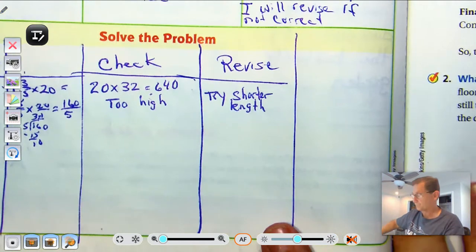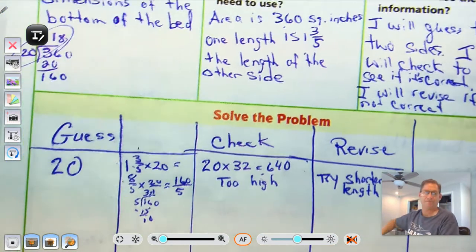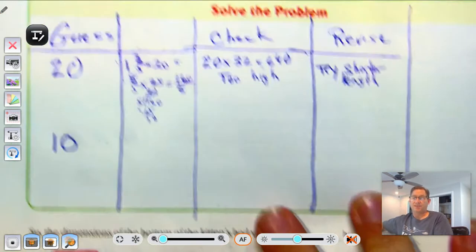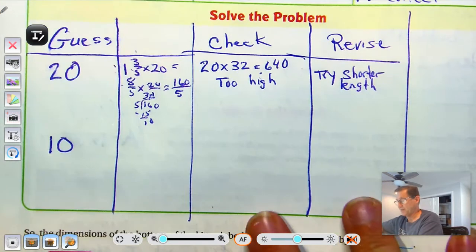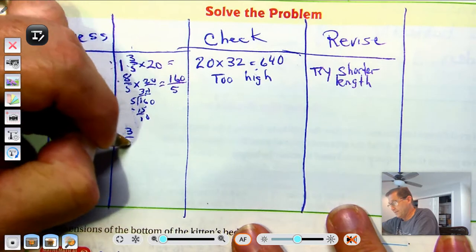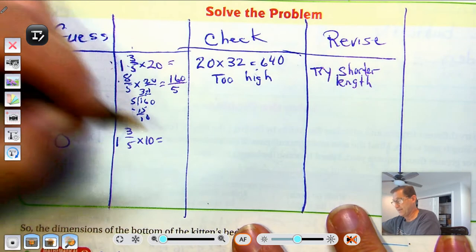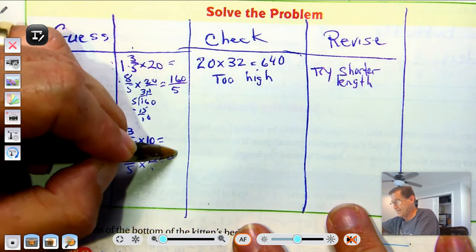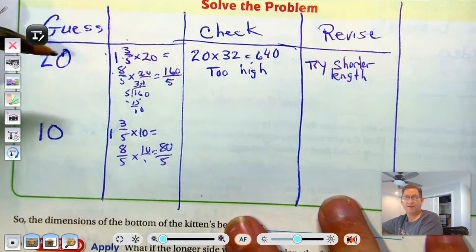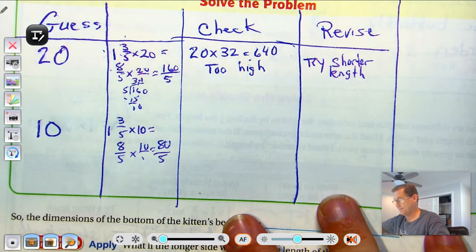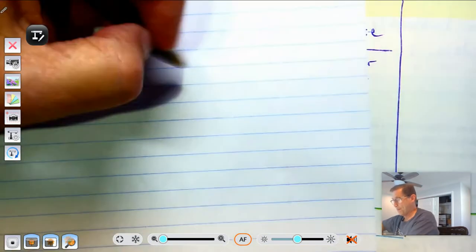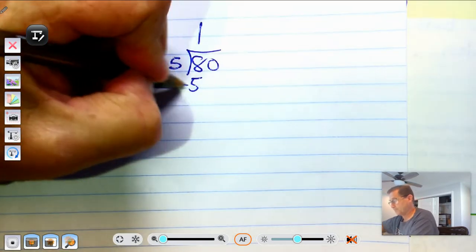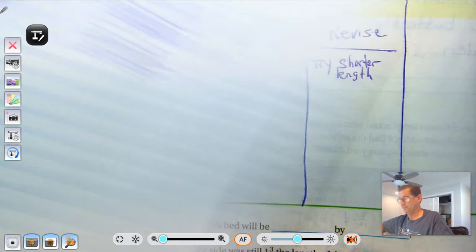All right. I don't know. Let's try 10. I know that 10 times 36 would be 360. So I'm going to take 1 3/5 of 10 and see what that gives me. So 8/5 times 10 over 1 is 80/5. 80 divided by 5 is 16.